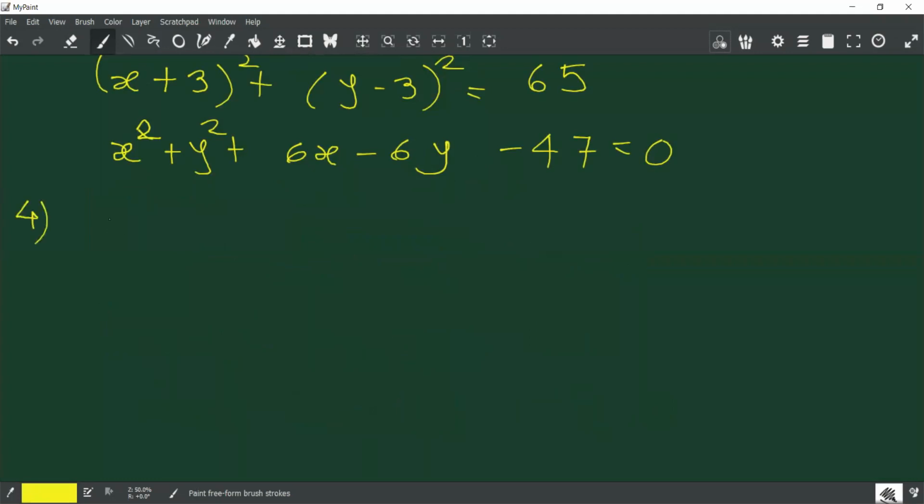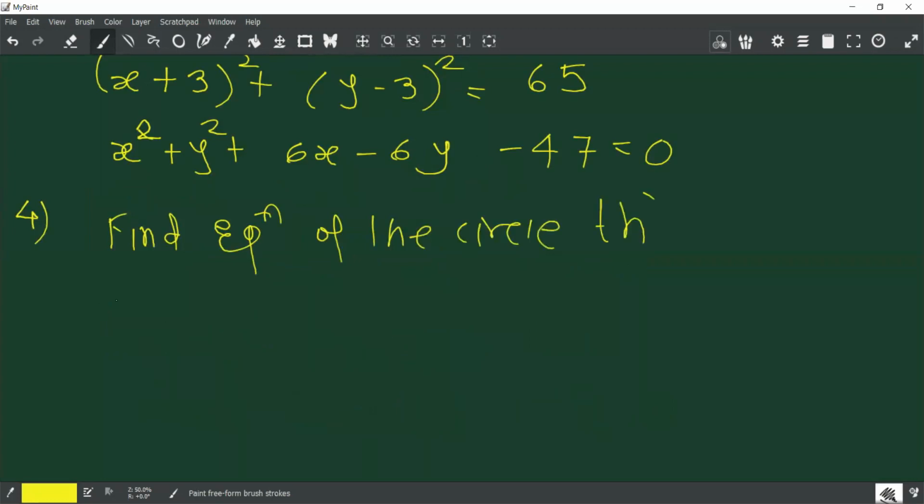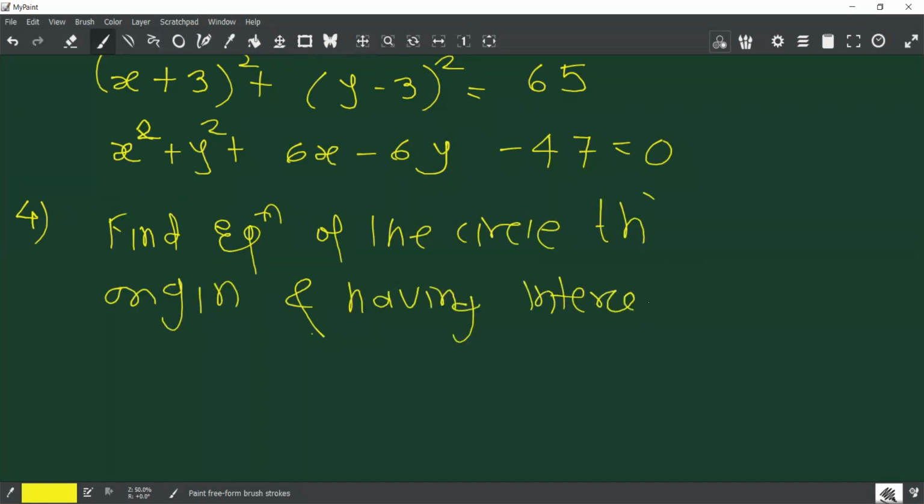I think the next sum. Find the equation of the circle passing through the origin and having intercepts 4 and -5 on the coordinate axis. Bolo.